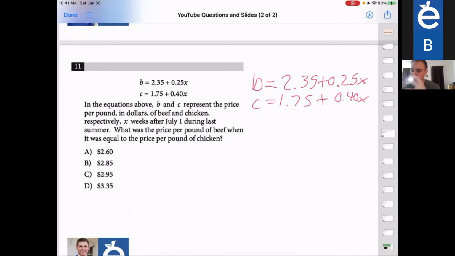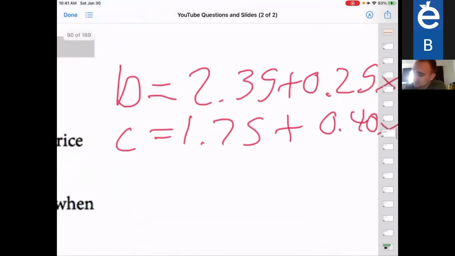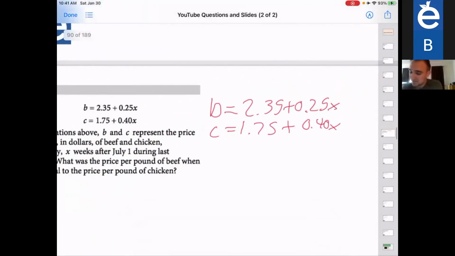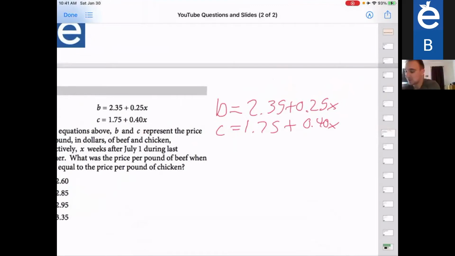And we can see that eventually the price of chicken, C, will catch up to B. If you start out at week 0, let's say, then the price of beef is 2.35 and the price of chicken is 1.75. Eventually chicken will catch up because its slope, this 0.40x term, is greater than B. So eventually it will catch up.